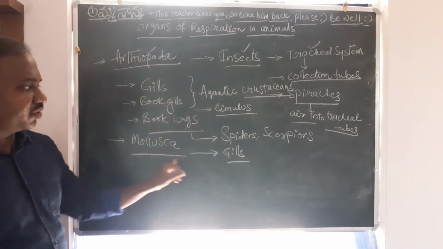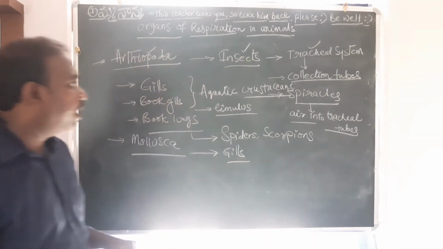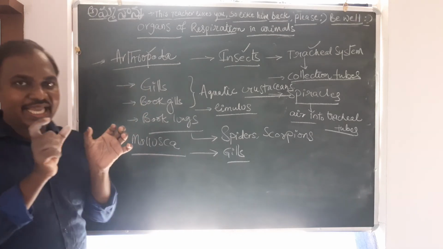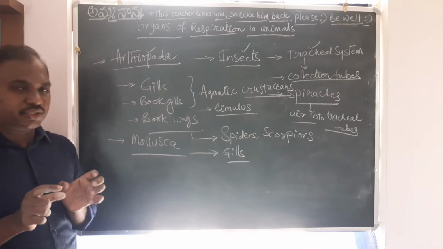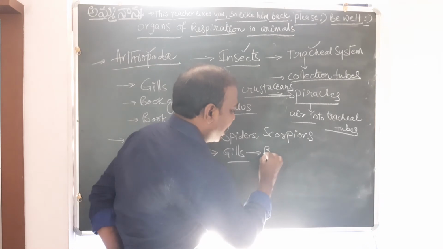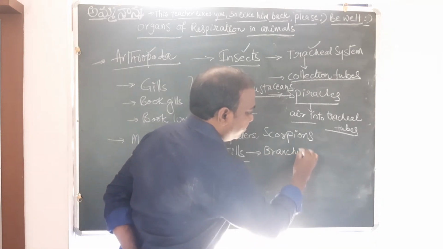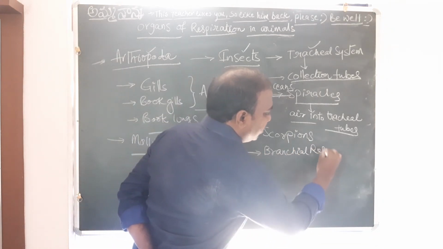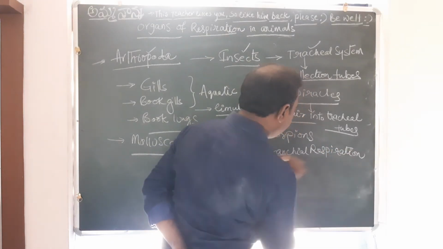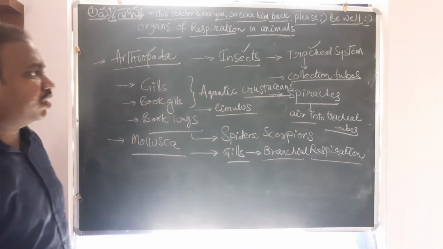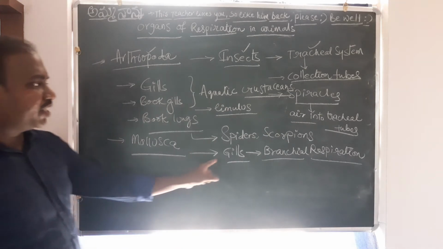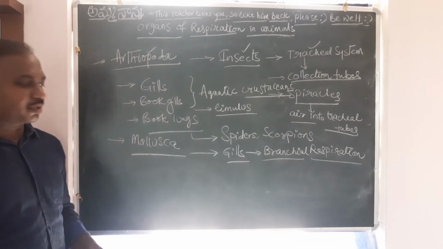The term that you associate with the exchange of gases by the gills is branchial respiration. We are calling it branchial respiration, and in here the gills are playing a role.